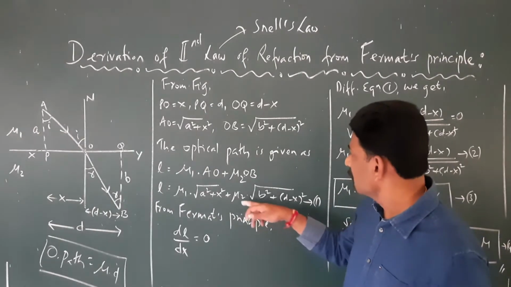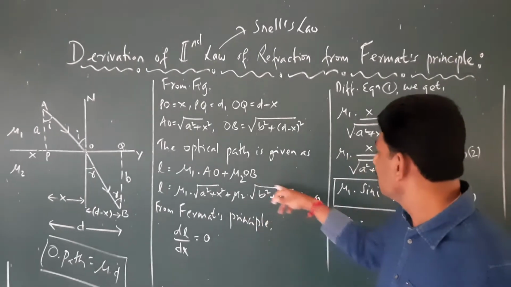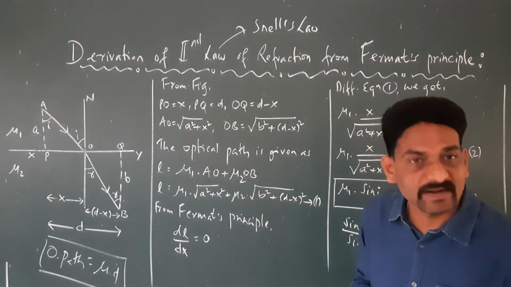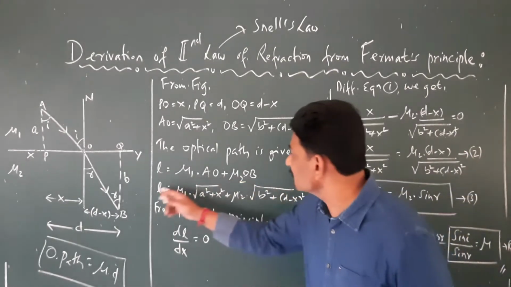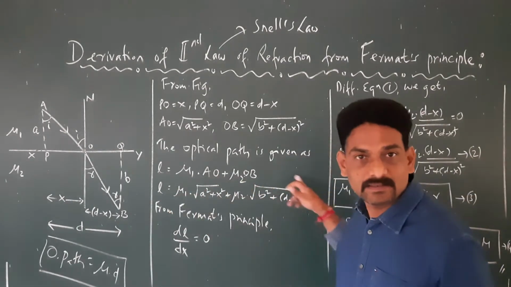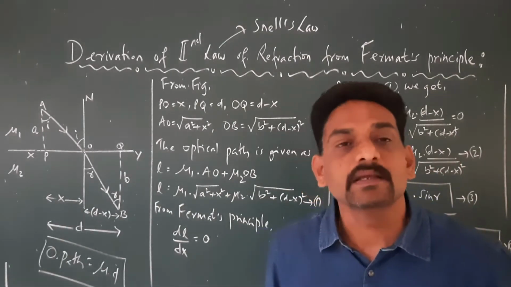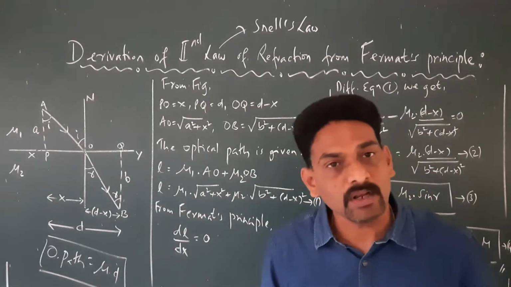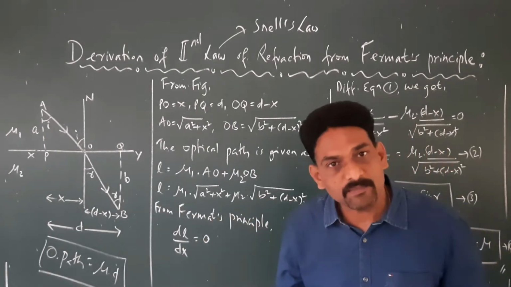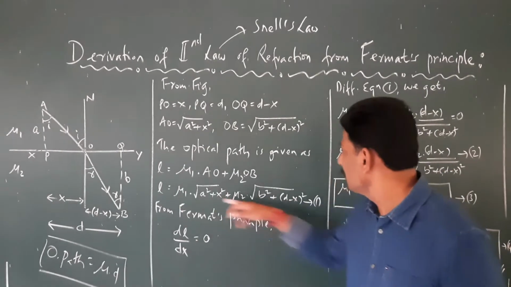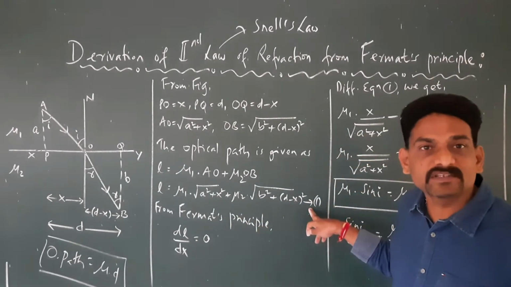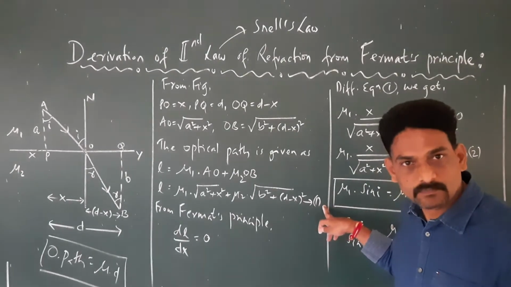So it is going to be mu2 into root of b square plus (d minus x) whole square. So this gives us the optical path, that is the distance covered by the ray of light in the medium of mu1 and medium mu2. We call it equation number 1.